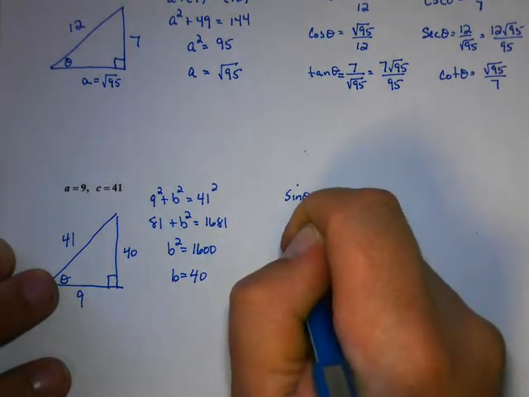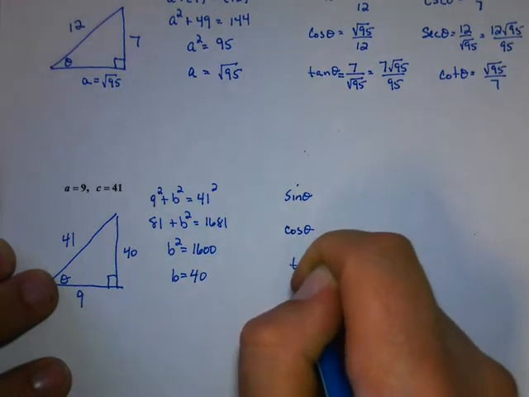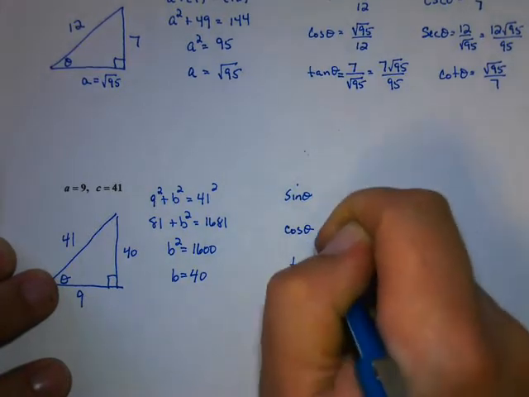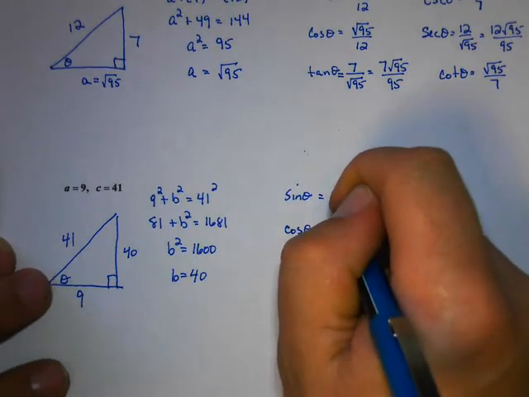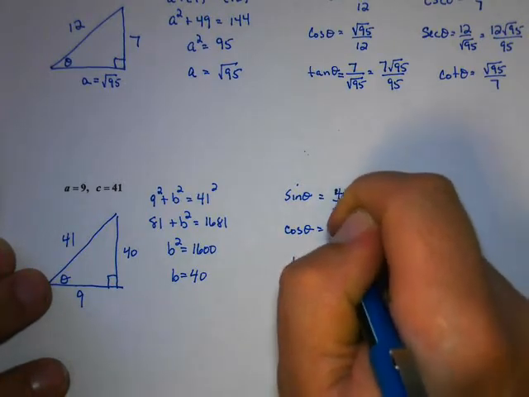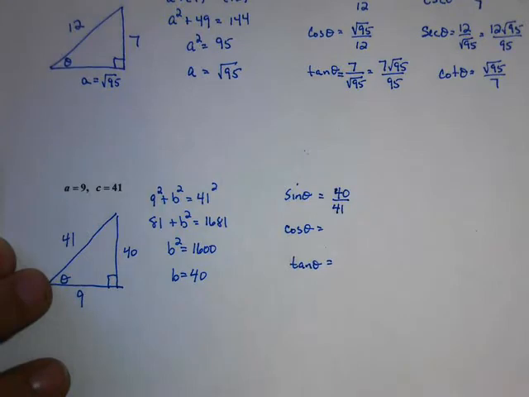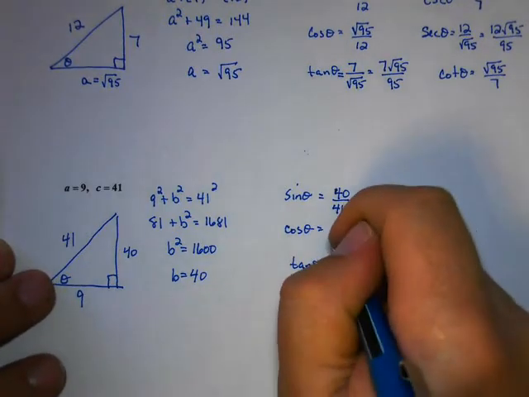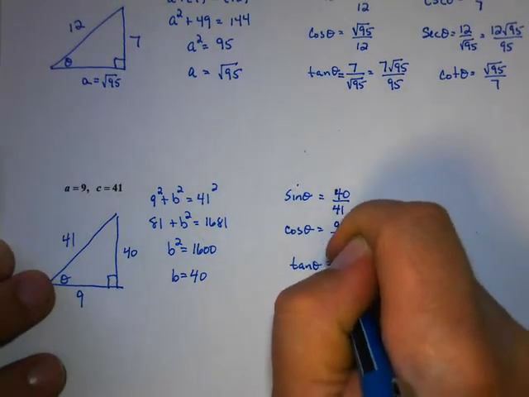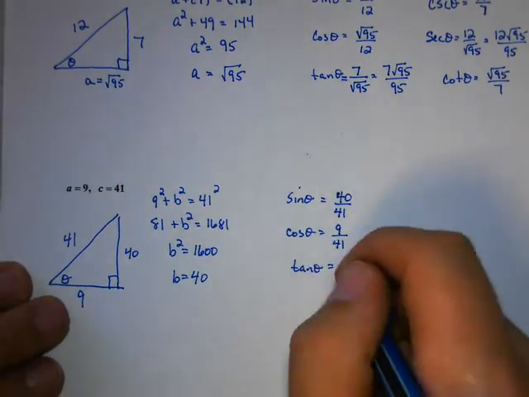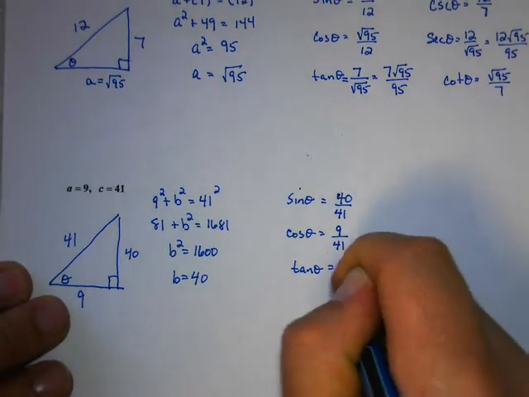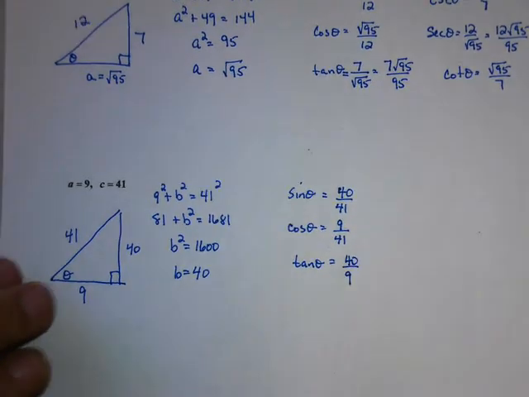Sine theta, cosine theta, tan theta. Sine theta is opposite, 40 over hypotenuse, 41. Cosine is adjacent, 9 over 41. And tangent is opposite over adjacent.